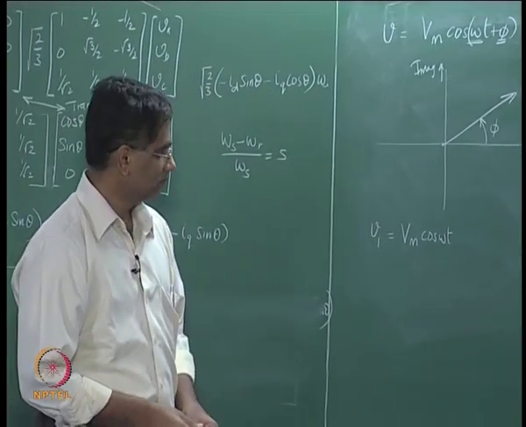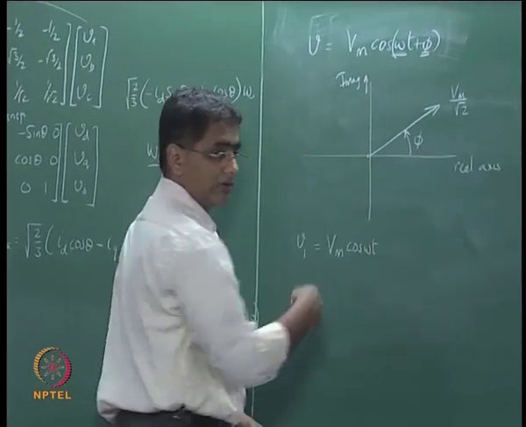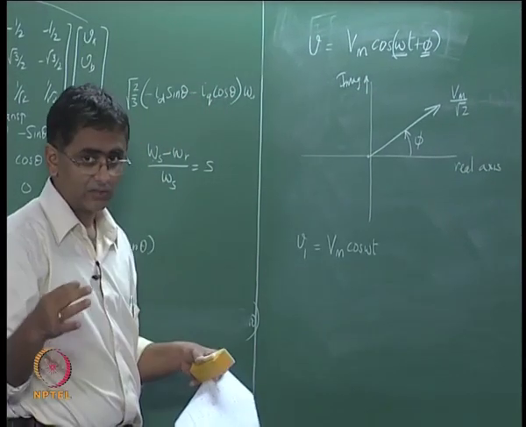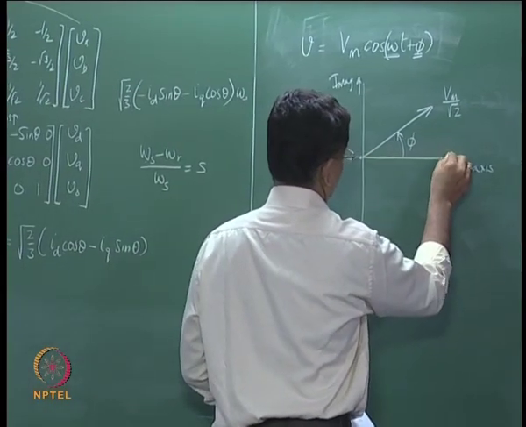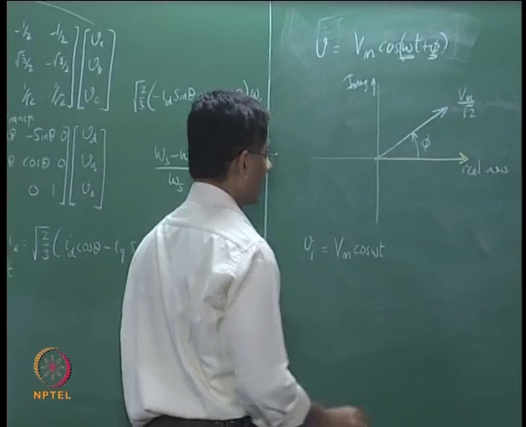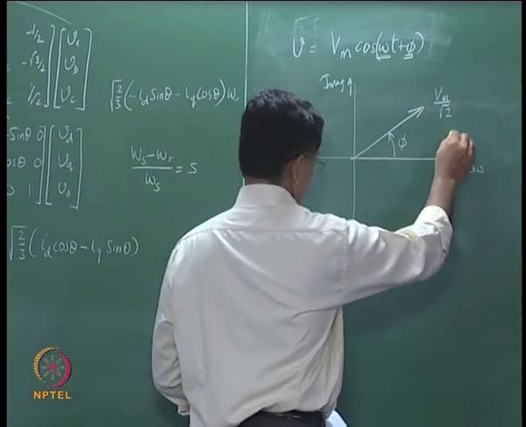The phasor for this will then, because phi equals 0, have length Vm by root 2 and lie entirely on this axis. So this is the V1 phasor.